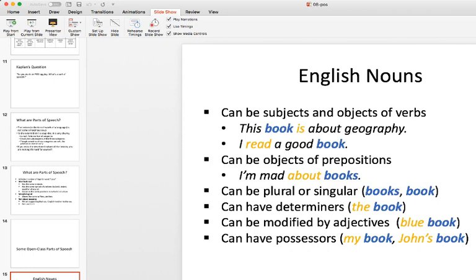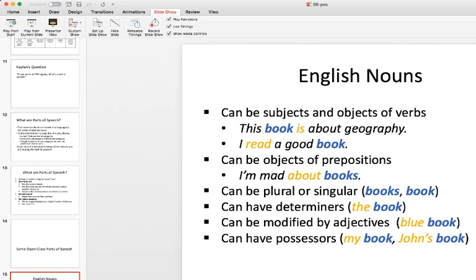One way that you can tell a noun is that all nouns can be both subjects and objects of verbs. All nouns can also be the objects of prepositions. Most nouns can be either singular or plural, though there are exceptions. So you can say my dog and my dogs, but you can say my information, but you can't say my informations.